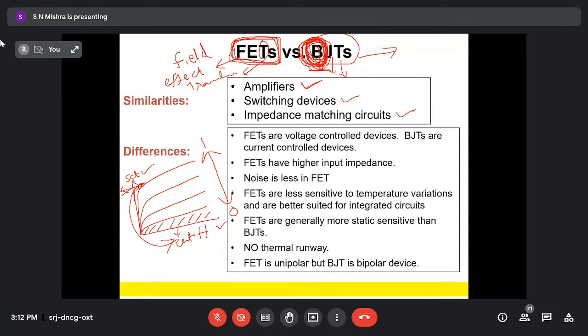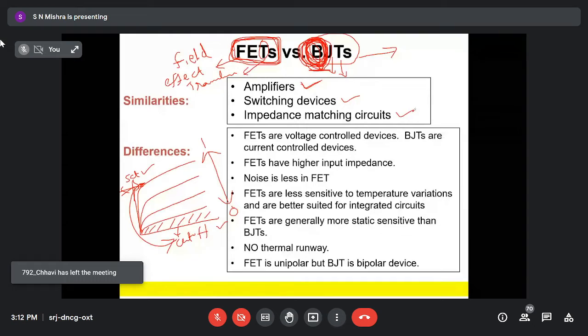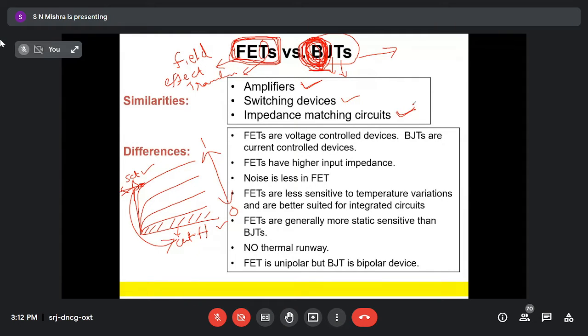Okay, so amplifier, switch you know, and I'll explain later on. So you just remember the transistor can also be used as an impedance matching circuit. Now these are the differences. So one by one we'll discuss.